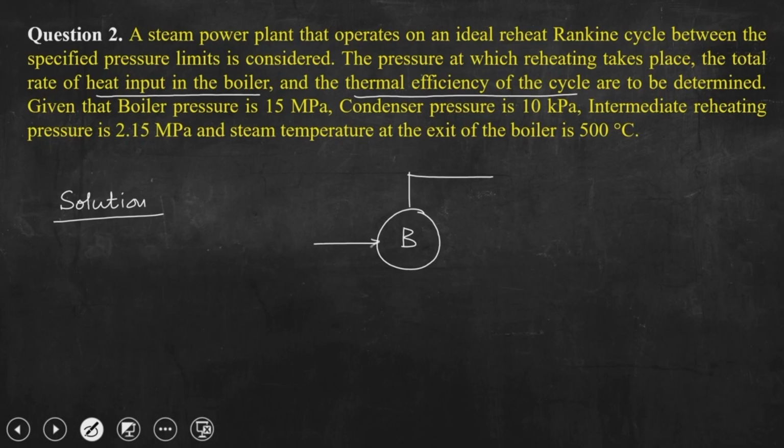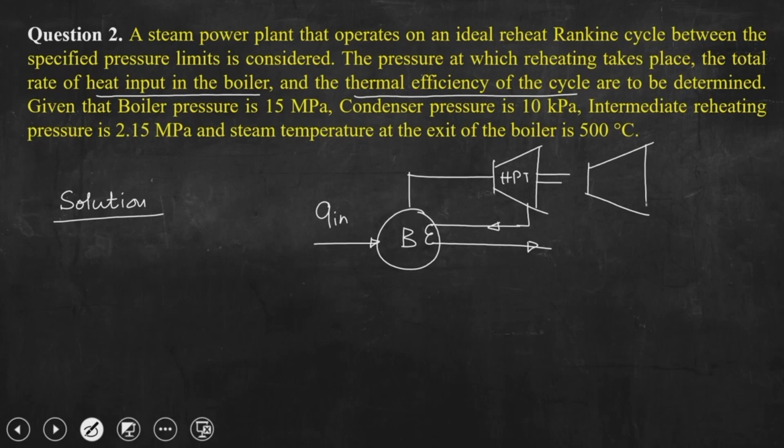schematic. So, this is Q in, I am taking per unit mass flow rate of the working substance, and then we have the high pressure turbine, and after it does work in the high pressure turbine, steam is taken to the low pressure turbine, and eventually we are getting W out. So, this is the low pressure turbine.